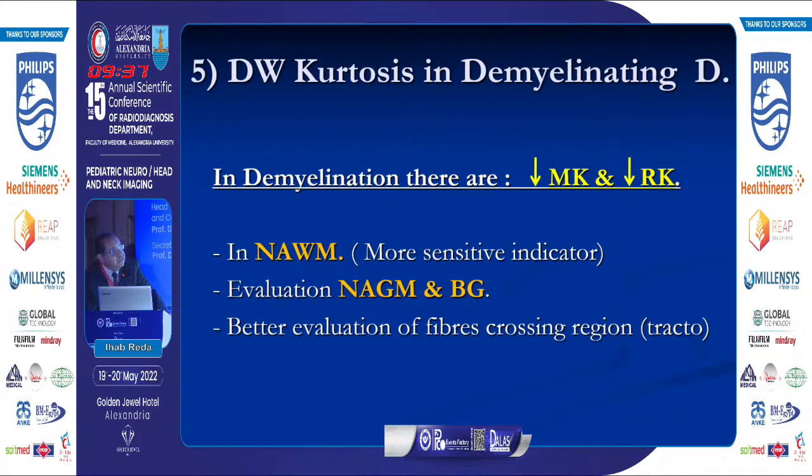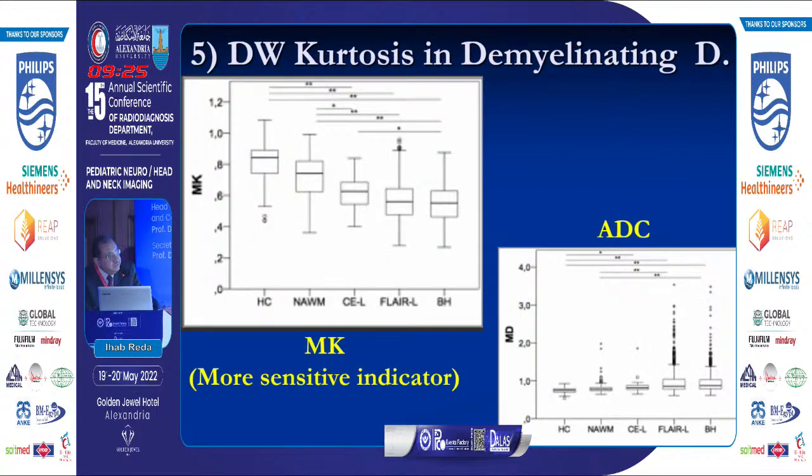Lastly, in demyelinating diseases, there is definite decrease in mean kurtosis and radial kurtosis, both in normal appearing white matter as well as in normal appearing gray matter. So we can see that the mean kurtosis is very sensitive.